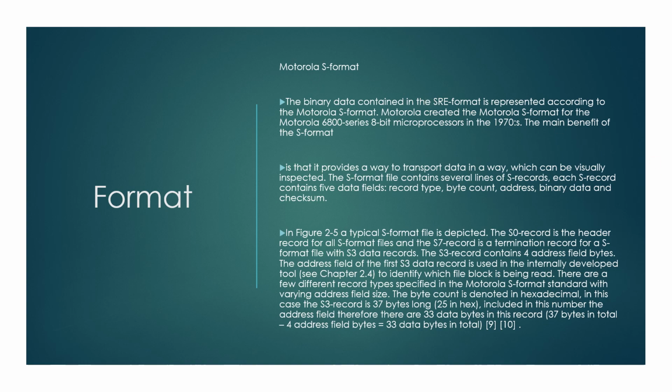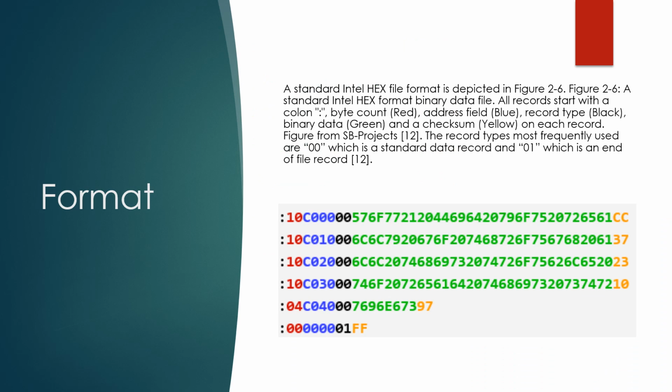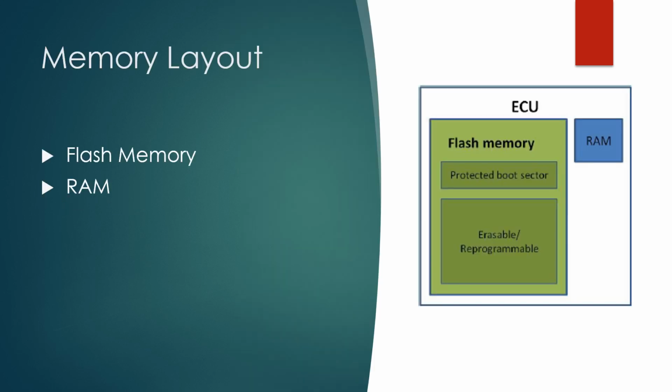You can visit this site, where I have described the sequence and how it is stored into the memory. These are the standard hex formats. You can follow and read these details to get more information. I think in the previous lecture we also saw more about the memory layouts.